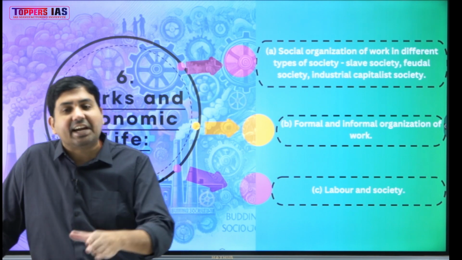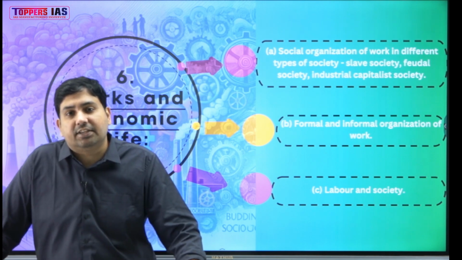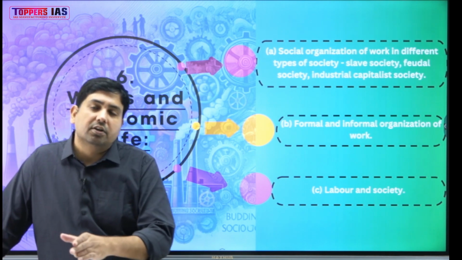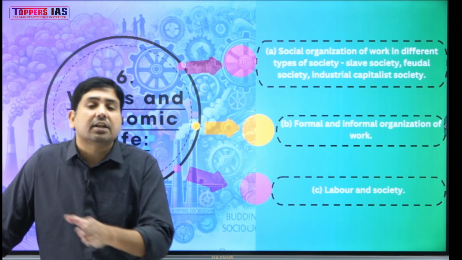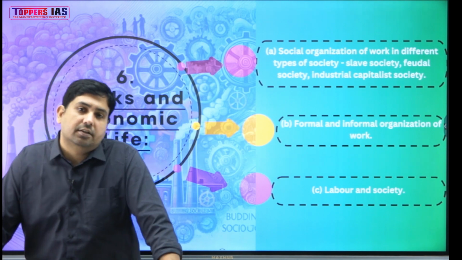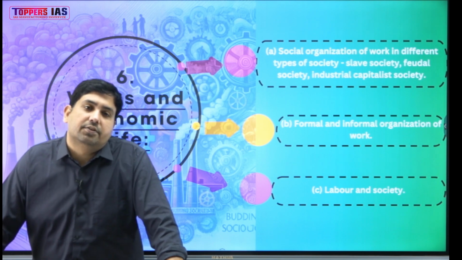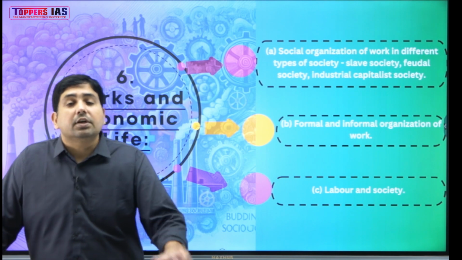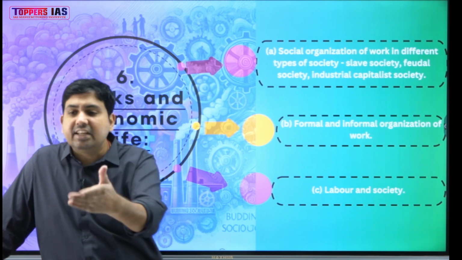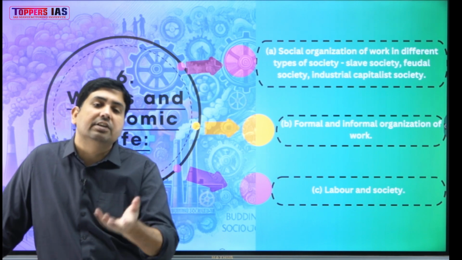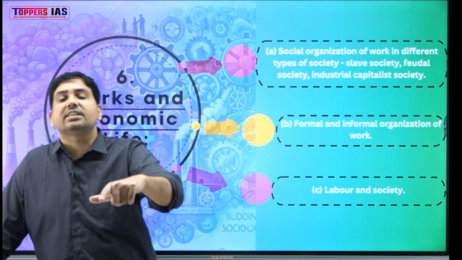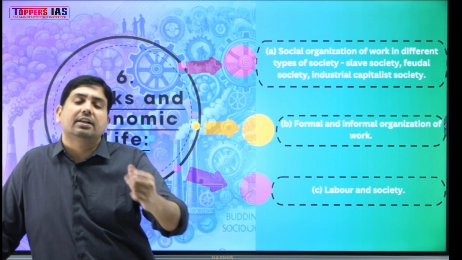But when it comes to informal organization of work, there are no codified rules, no official definition of tasks to be performed. So a family led business would be an example of informal organization of work. Bureaucracy is an example of formal organization of work.